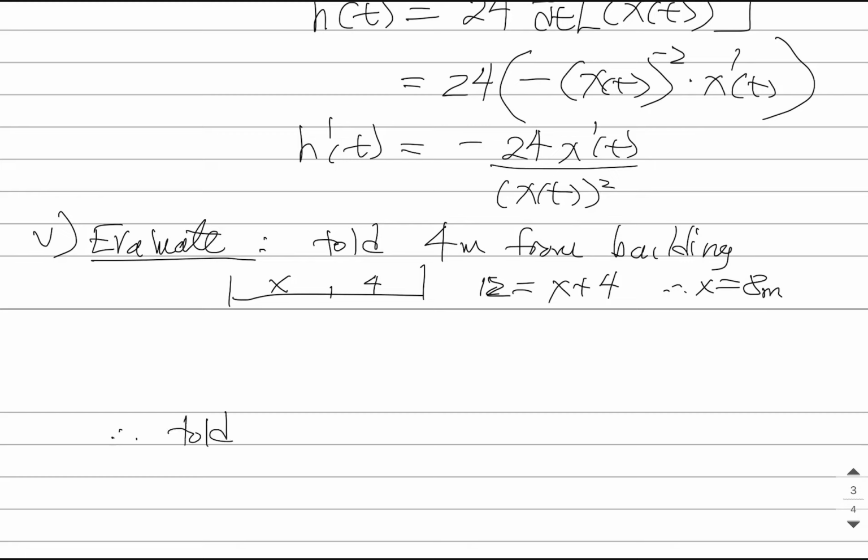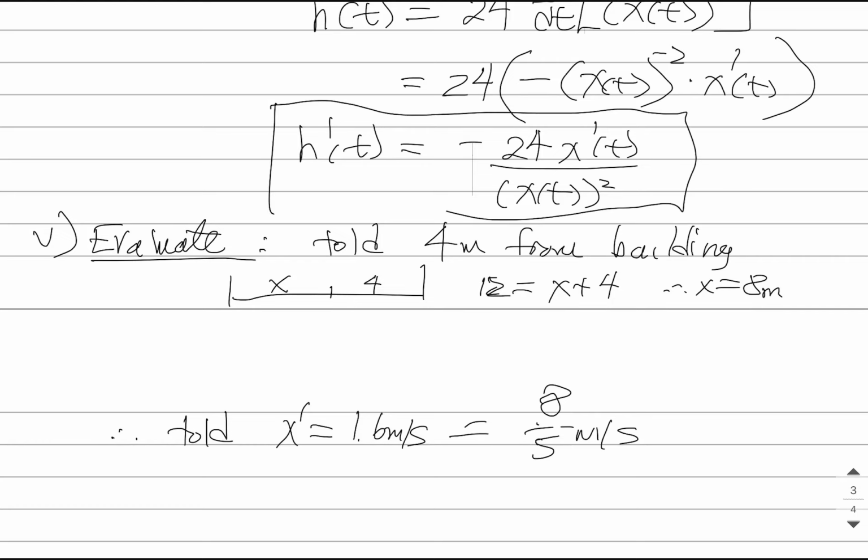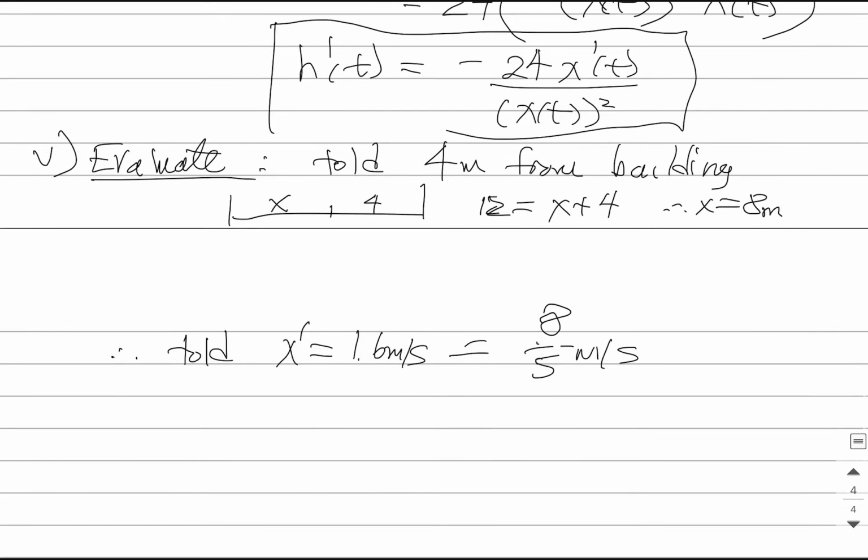So we're also told that x prime is 1.6 meters per second. I'm going to write that as a fraction. It's going to be 8 over 5 meters per second. And the reason I'm doing that is just because of the nature of the numbers that we've got in this problem. It's just going to make my life easier when I plug things into this formula. And so now I'm ready.